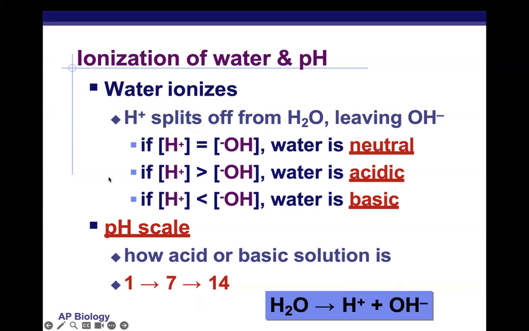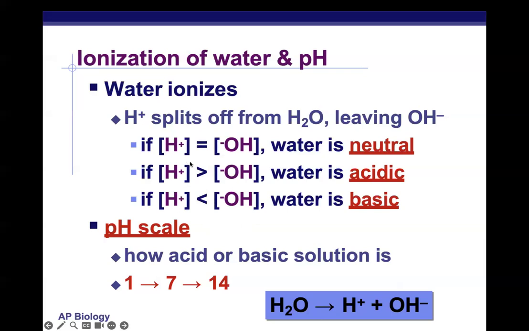And if something is acidic, what it means is that when we put that substance in water, that substance will increase the concentration of positive hydrogen ions in the water. And if something is basic, it will increase the concentration of negative OH ions in that water.